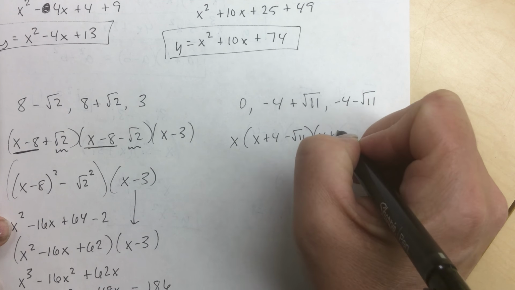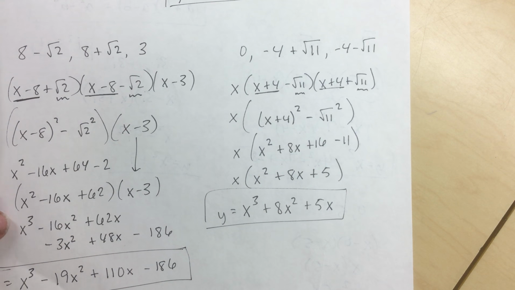So this is going to give me x squared plus 8x plus 16 minus 11. And then I've got an x. So x squared plus 8x plus 5. And then I just multiply by x. x cubed plus 8x squared plus 5x. And so y equals that. And there is my polynomial.